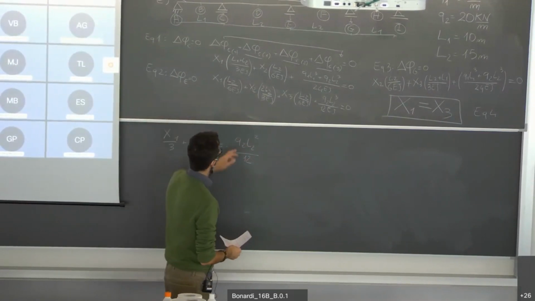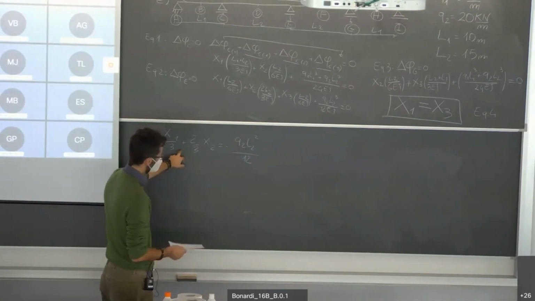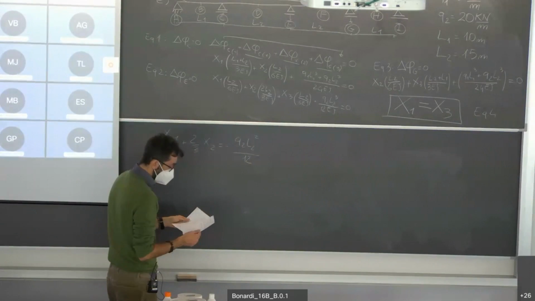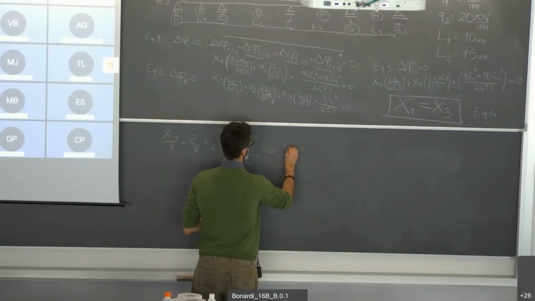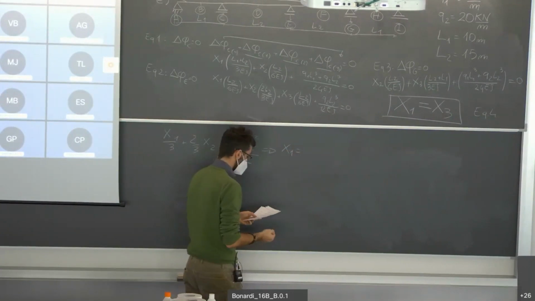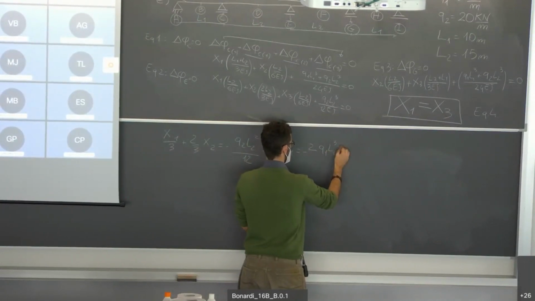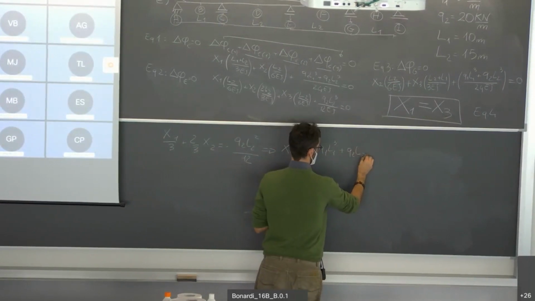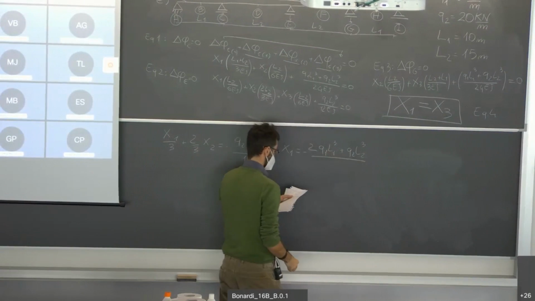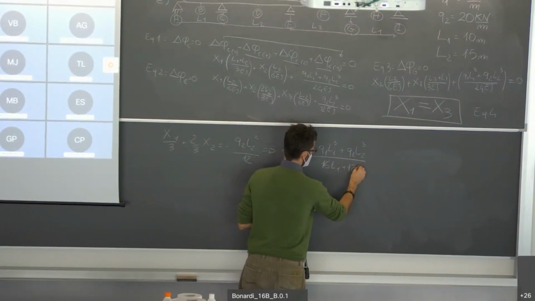And this is from the equation 2. If we substitute this information in the previous equation, we find that x1 will be equal to minus 2 x1 L1 to the power of 3 plus 2 L2 to the power of 3 over 16 times L1 plus 12 times L2.